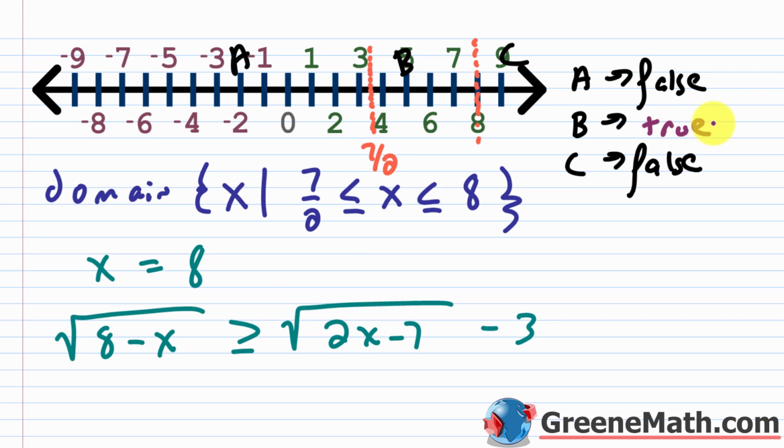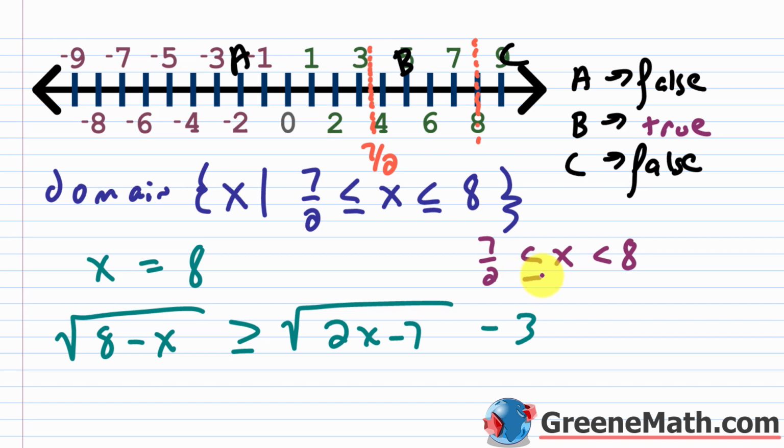So getting our solution is pretty easy. We just grab region B. So we'll say that x is greater than 7 halves and less than 8. And we're going to think about 7 halves and we're going to think about 8. Now, first and foremost, does 7 halves work? Well, yeah, if I'm less than 8, I'm going to work. But again, anything less than 7 halves violates the domain, but 7 halves does not.